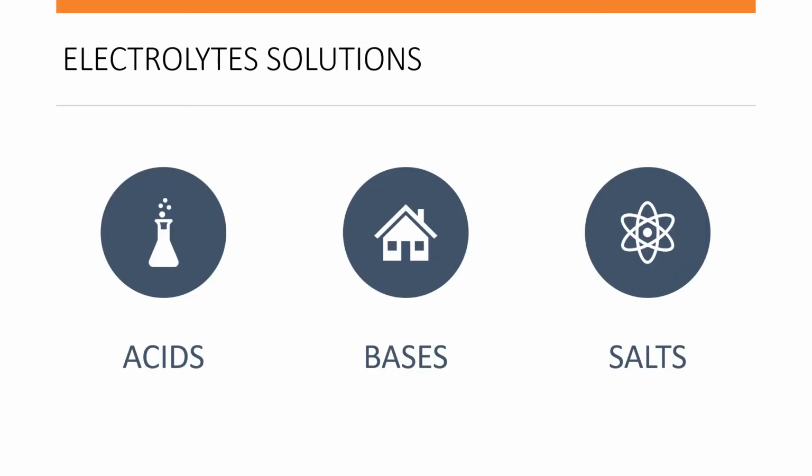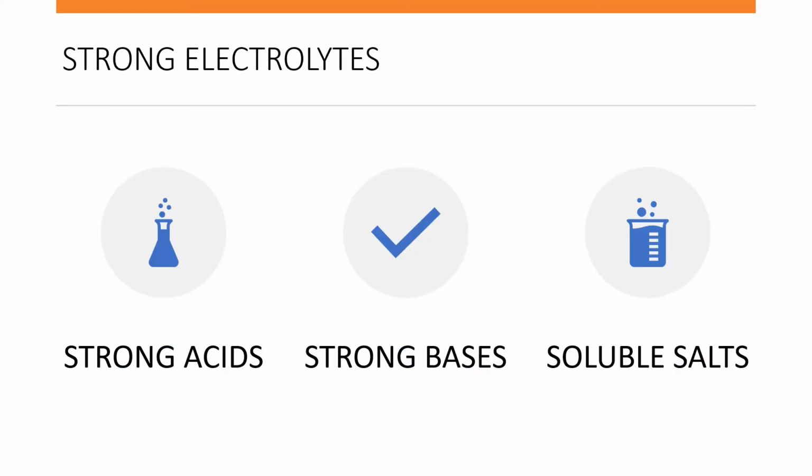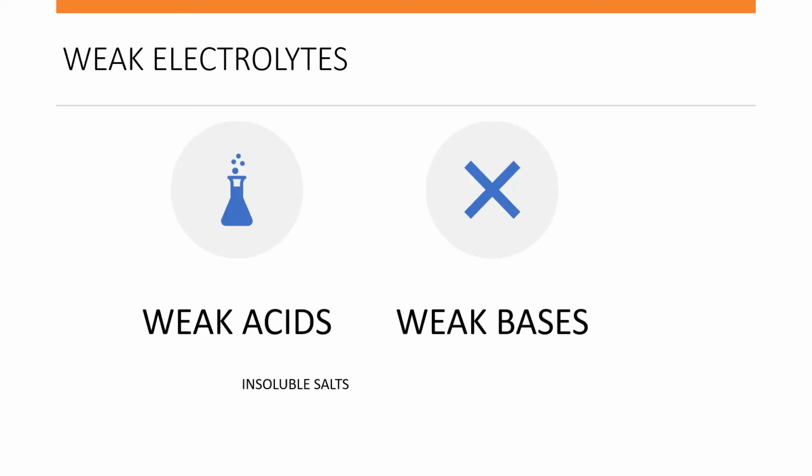Once again, I want to emphasize that electrolyte solutions can be acids, bases, or salt solutions. Strong electrolytes can be strong acids, strong bases, or soluble salts. Weak electrolytes could be weak acids, weak bases, or insoluble salts.